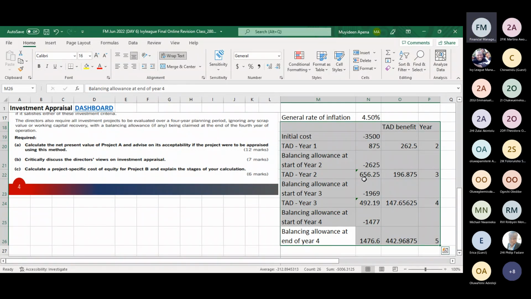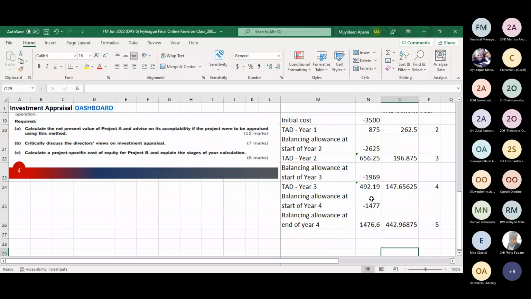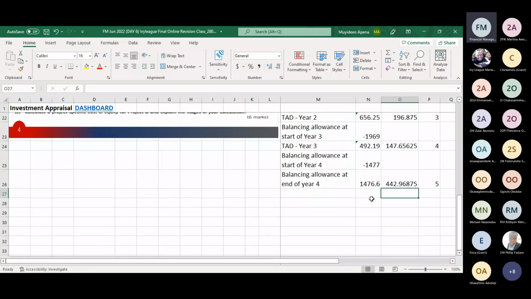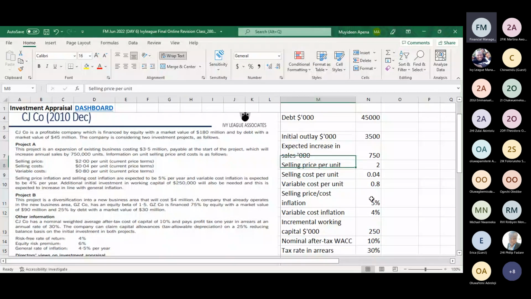I'm sure you won't want to lose such a mark, a minimum of 3, 4, 5. Imagine. So take note of how to calculate this and earn your easy mark. We are done with TAD, which is going to flow into the appraisal template. So the next thing you'll be looking out for is how to inflate all of these prices and also earn your easy marks from there.